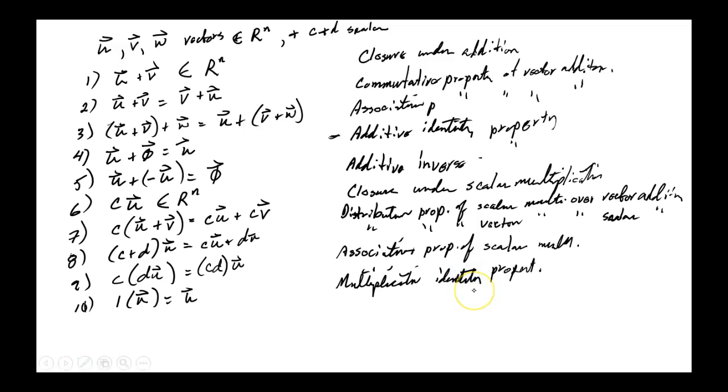Identity, I'll let you spell it. The multiplicative identity property. Just like adding the zero vector to a vector gives you the same vector, multiplying a vector by the scalar number 1 gives you the same vector. It's the multiplicative identity property. Now, the difference is, up here you're adding a vector to it, here you're multiplying a scalar by it. But it's the same type of deal.